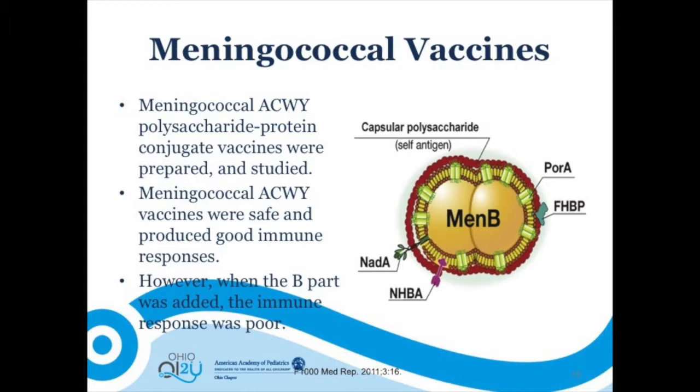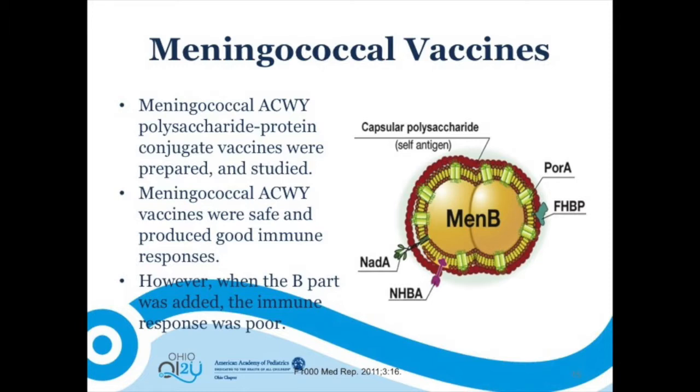So scientists set about further studying the meningococcal B polysaccharide and realized that it resembled a self-antigen, and that's what's depicted here in these little red ovals. This is the capsular polysaccharide of meningococcal serogroup B, which looks like a self-antigen.